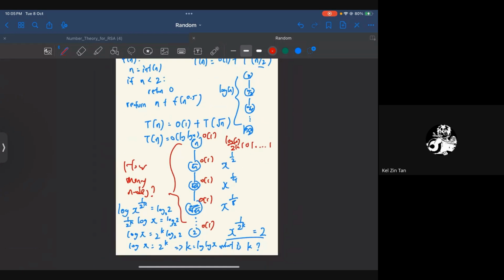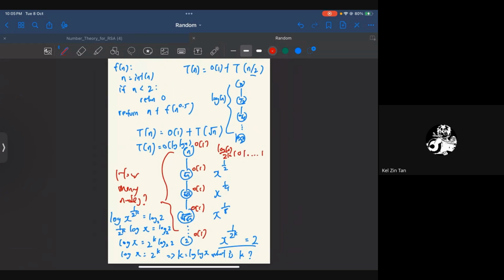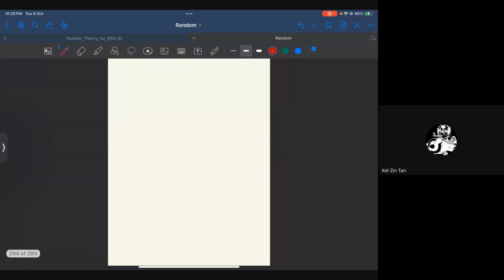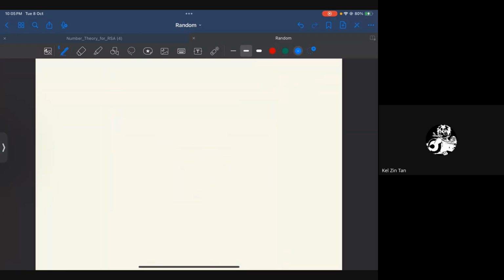So the last one, I think I probably will not have enough time to talk about it because it's quite complicated. But I want to state a fact: log of n factorial. What is this? n factorial is 1 times 2 times 3 and so on until times n.